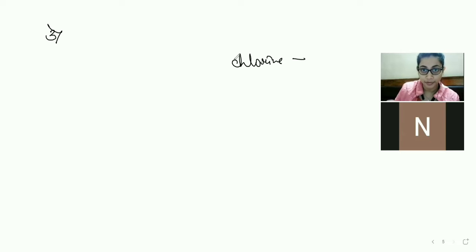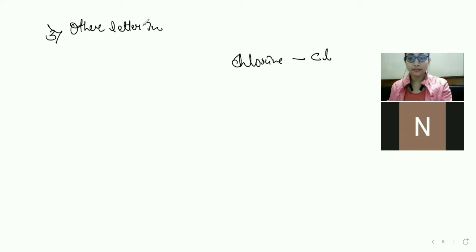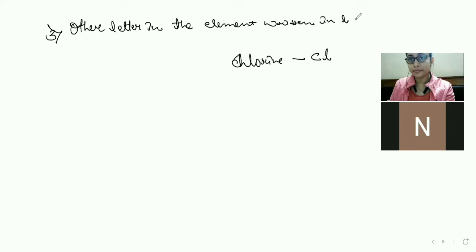So first we take C, not H, and the other letter will be L. That will be Cl. The other letters in the element are written in lowercase.